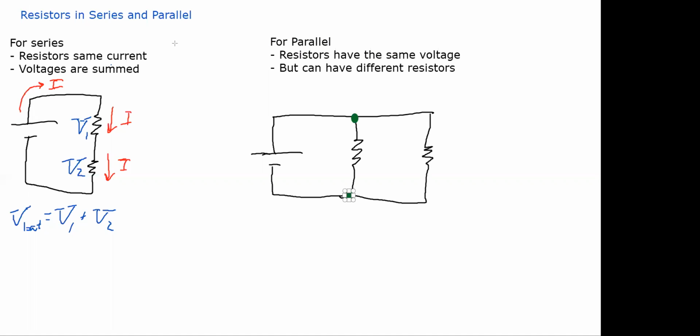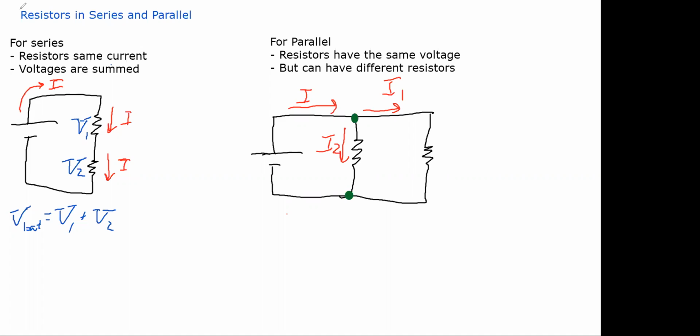At those junctions, you have the currents splitting. This is the current from the battery. Current from the battery splits up this way, I1, and goes down this way, I2. So current splits up.